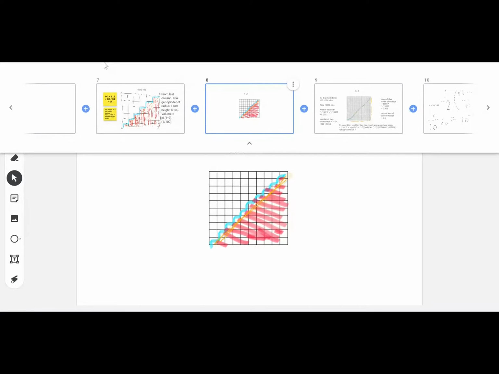By dividing it into smaller and smaller squares. Yeah, but there we use the formula. After dividing into smaller and smaller things, we got 1 plus 2 plus 3 till n, and then we had to use the formula n into n plus 1 divided by 2. But now pretend that you don't know the formula.